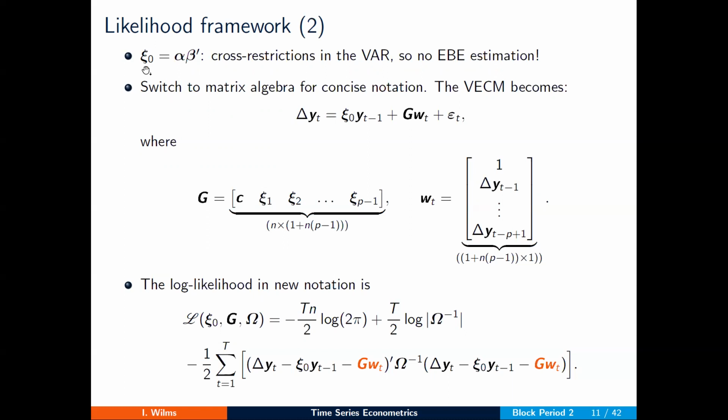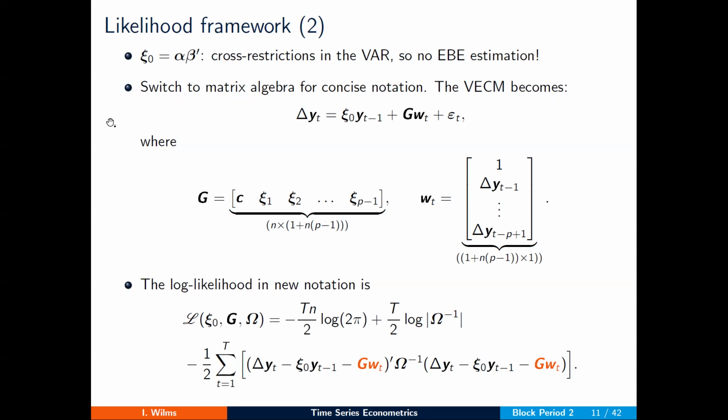Remember, this reduced rank restriction implies that psi0 can be decomposed in terms of two low-rank matrices, alpha and beta. And so imposing this restriction actually means that there are restrictions across equations of our model. And so we cannot rely on equation by equation estimation.